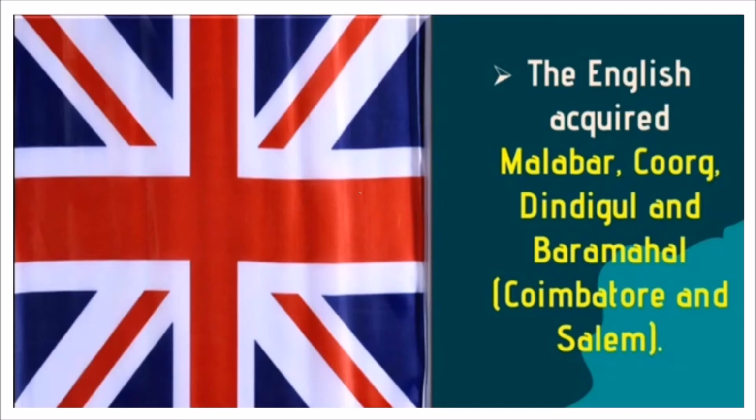The English acquired Malabar, Coorg, Dindigul and Baramahal, that is Coimbatore and Salem, from the kingdom of Mysore. So, these are the terms and conditions in the Treaty of Srirangapatnam.